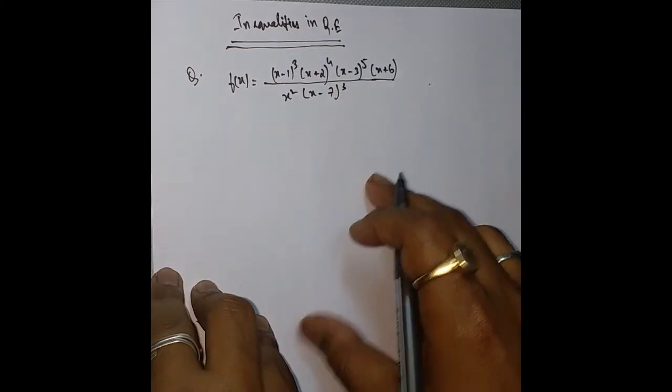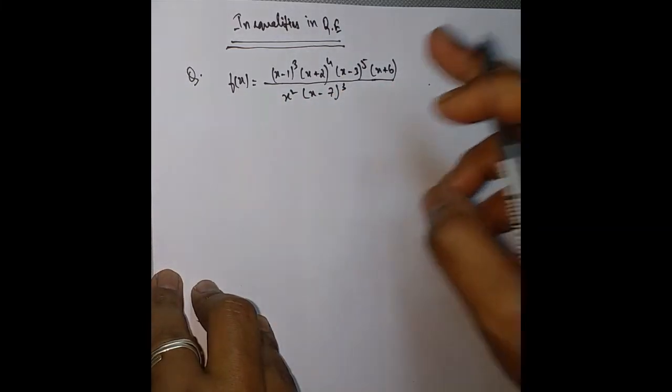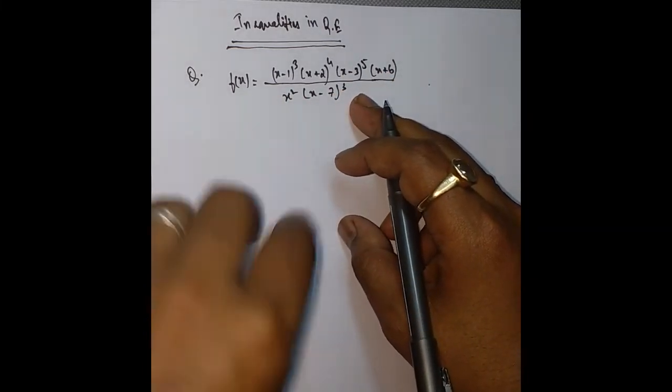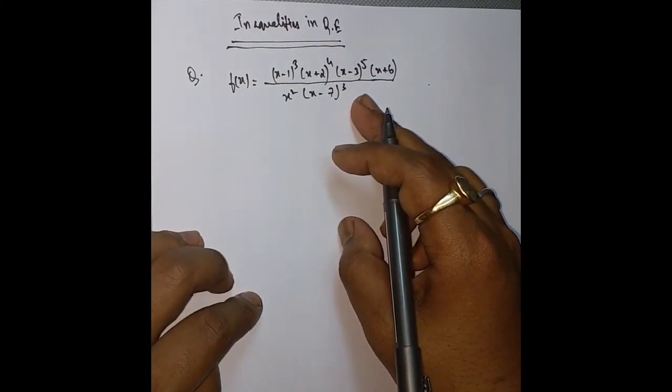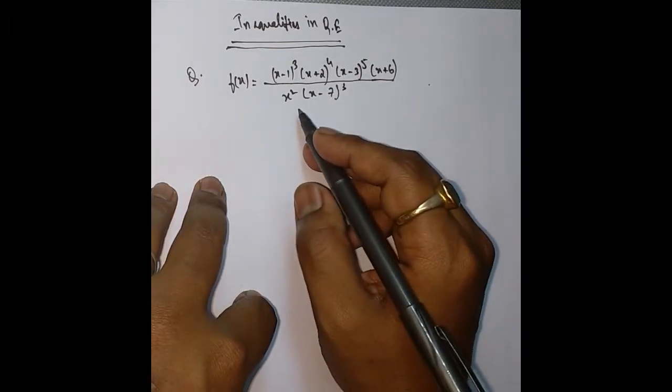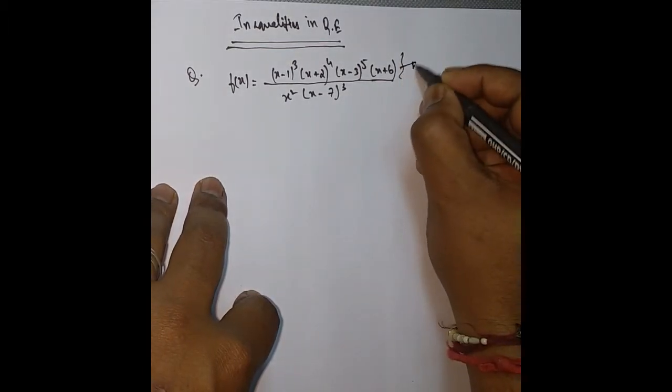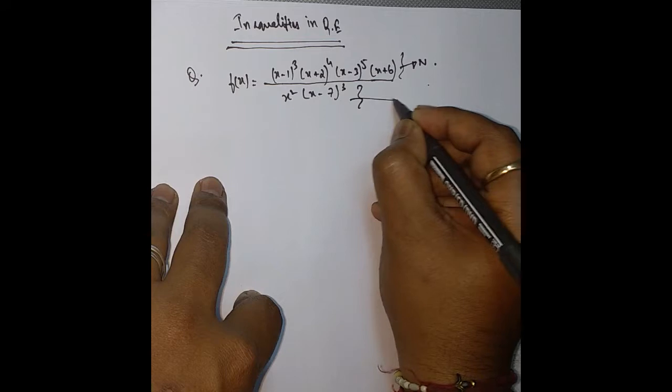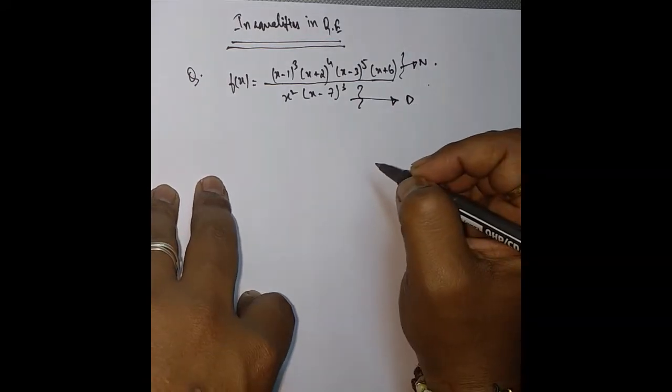So here is the polynomial equation. Here is the numerator part, and this is the denominator part.